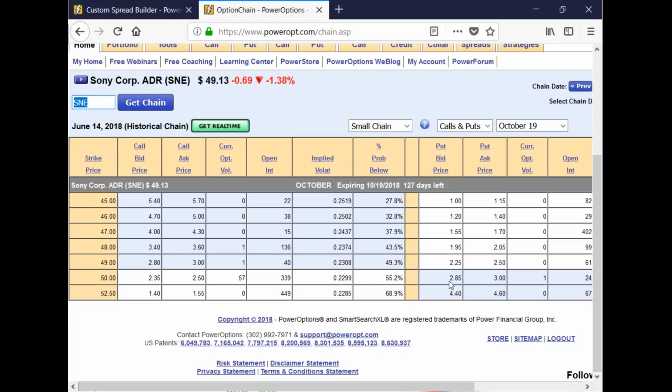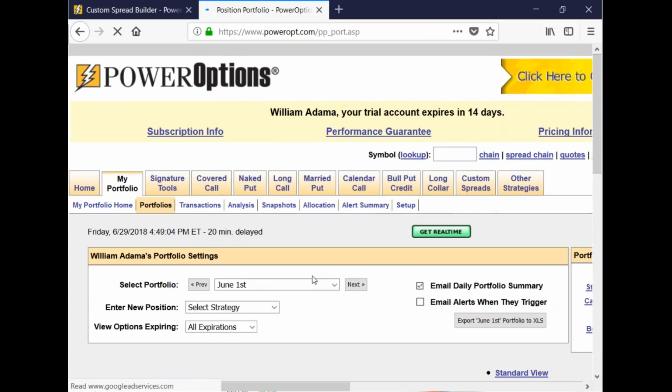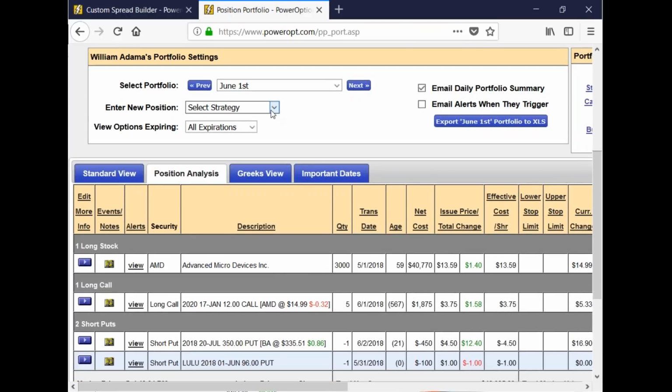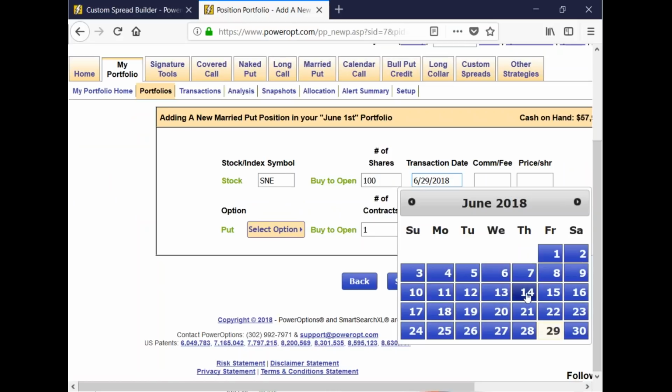That'll be fine. I'm going to buy the 50 strike put for 285. Okay. All right. So first, let me put this back into the portfolio. These are my prices. So back on June 14th, might have entered a married put position on SNE. Just put in 100 shares, 6/14.